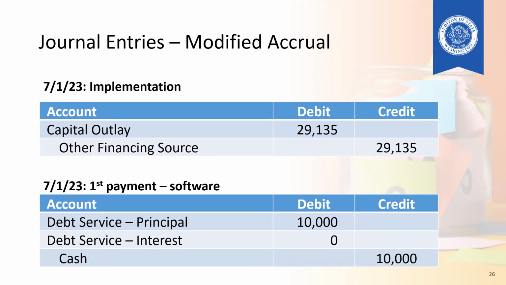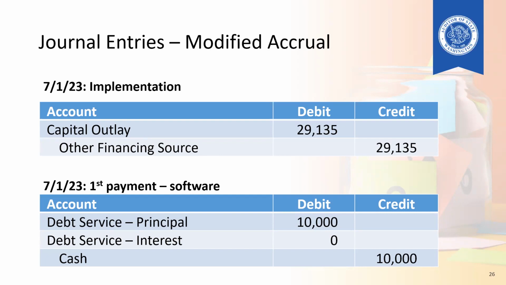Now let's look at the modified accrual accounting. And this is the basis of accounting used in our governmental funds, which are the general fund, special revenue, debt service, capital project, and permanent funds. In governmental funds, we do not record capital assets or long-term liabilities, which means we can't use the SBITA asset or SBITA liability accounts that we used in full accrual accounting.